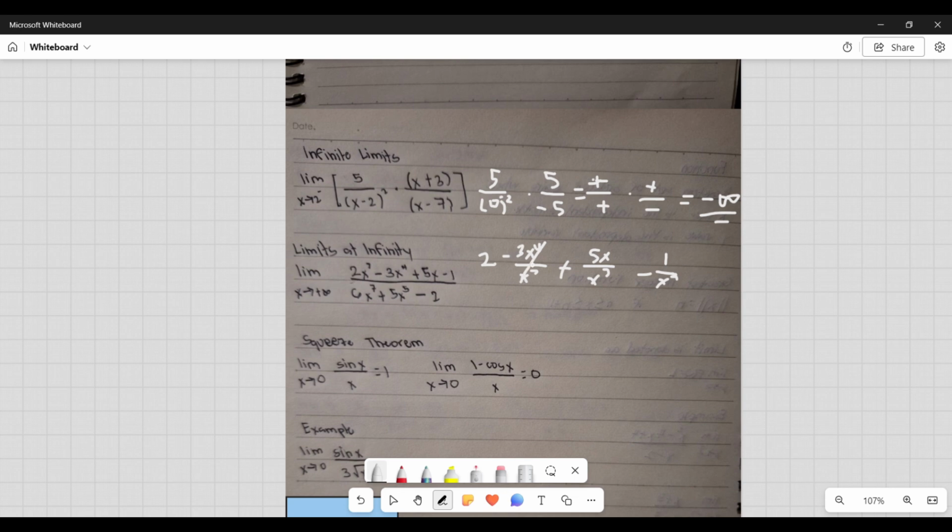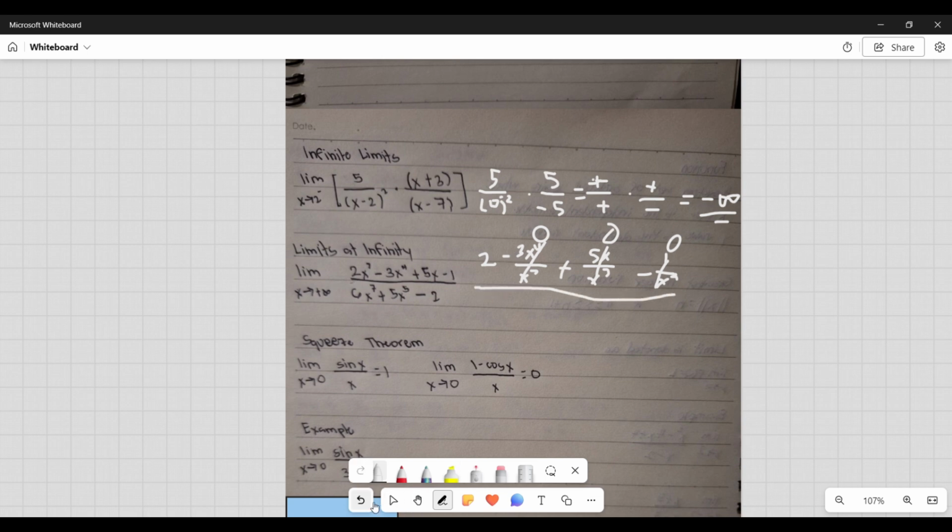We can cancel this into 0 because a numerator divided by infinity is 0. So those are all 0 except for 2.